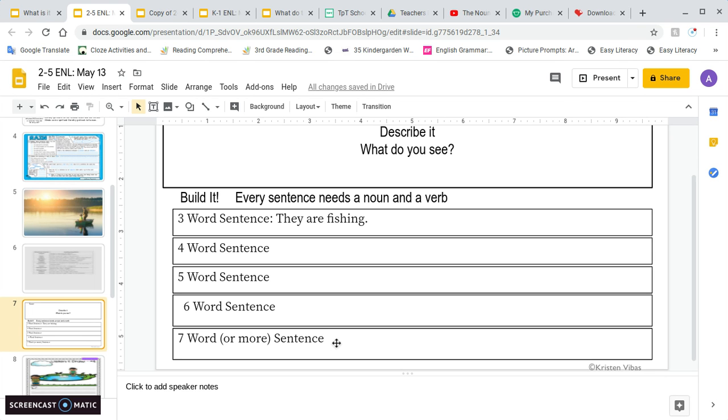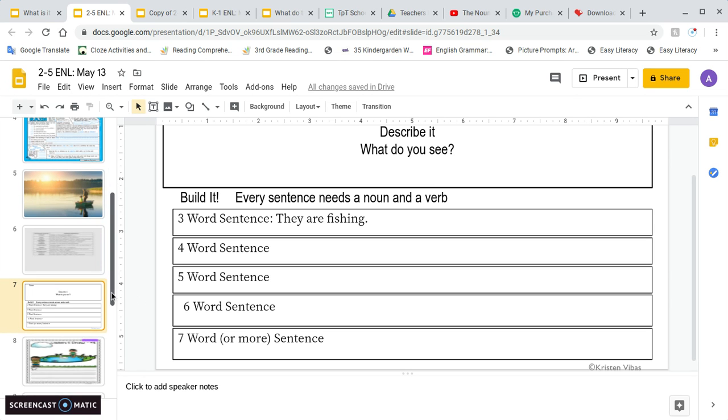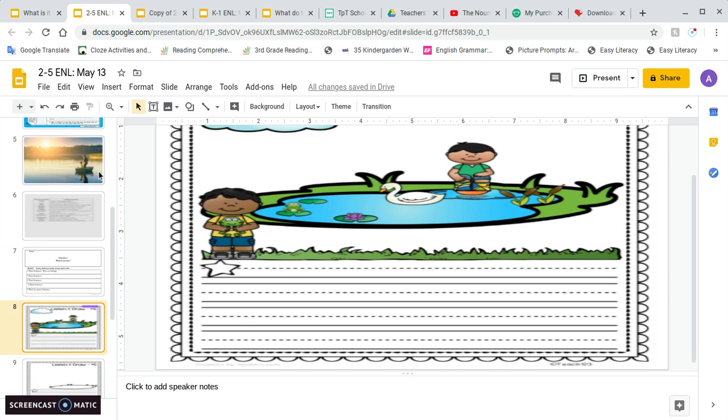Your 7-word sentence should be very descriptive. I should see those conjunctions that we've talked about all year, about making our sentences longer, not having simple sentences, compound sentences. Again, I will share what I did next time, but I want you to try to do it on your own. Okay, so those are our 2 new things, and I just want you to challenge yourself. Okay? All right. Moving on.